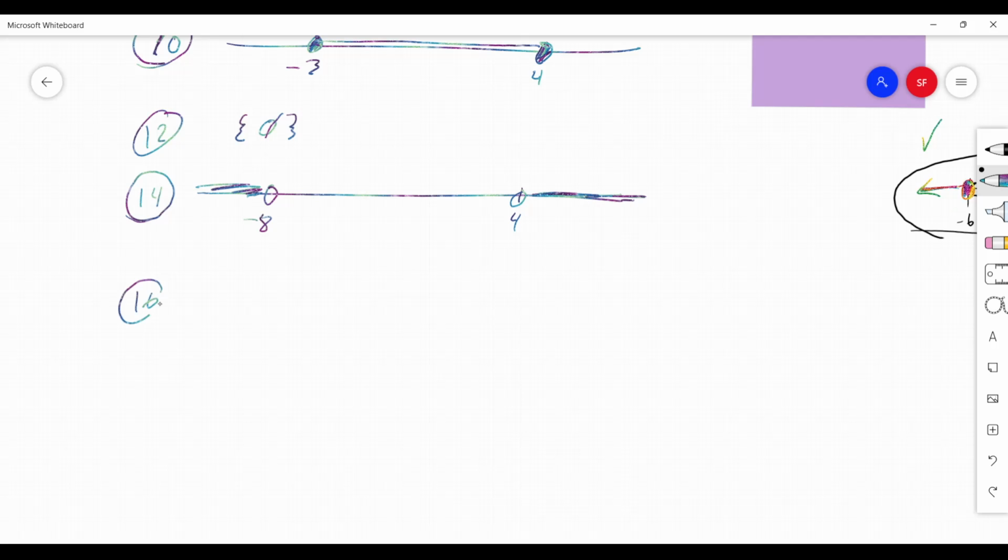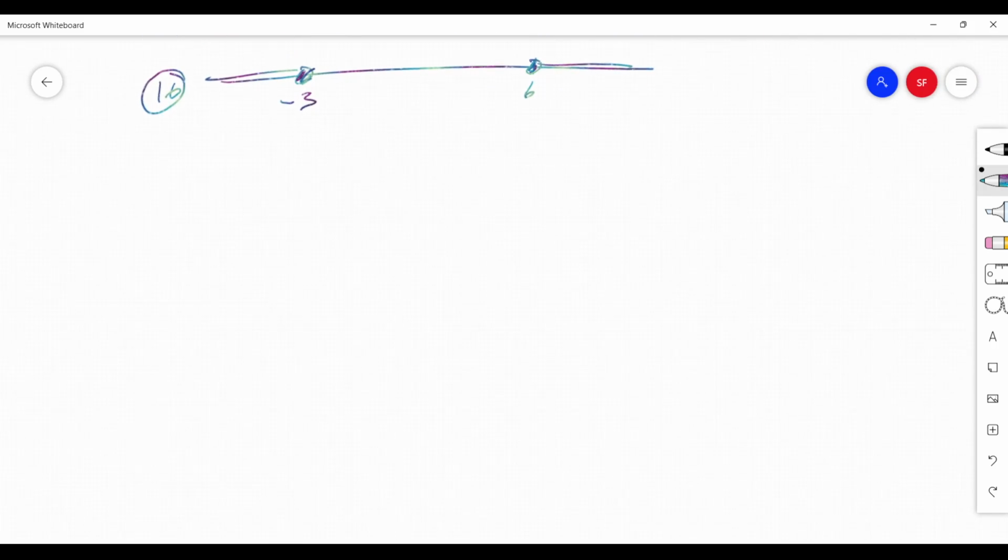Number 16 is closed circles at -3 and at +6, and it's shaded on the outside.